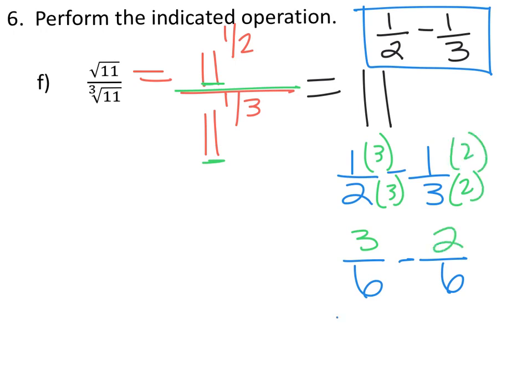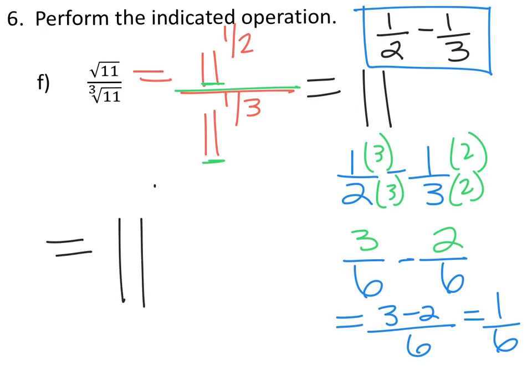So we've got 3 minus 2 over 6, which equals 1/6. So we have subtracted 1/2 minus 1/3, so the final answer is going to be 11 raised to the 1/6.